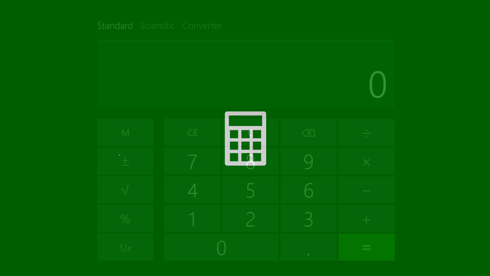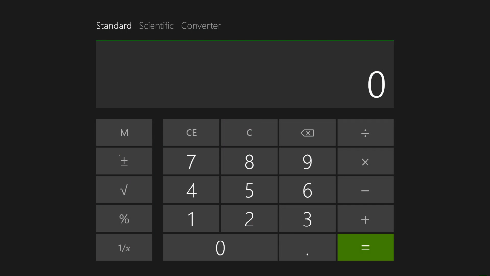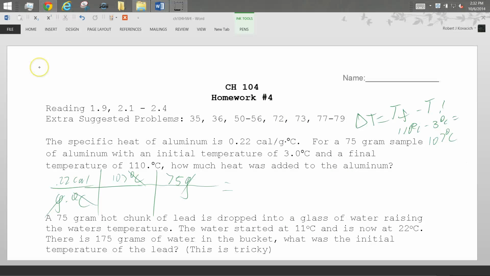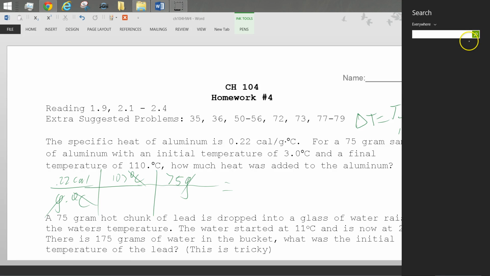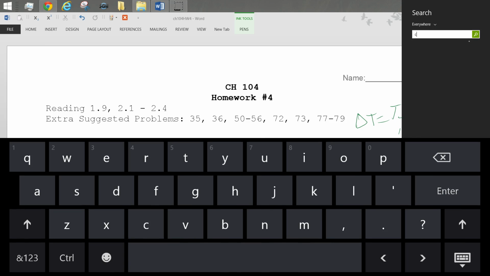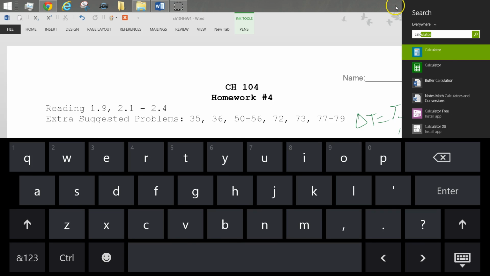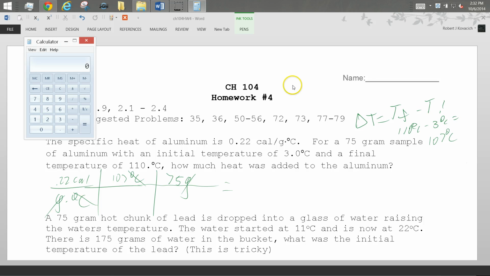All right, green's good. That's lame. I am certain there's a calculator here somewhere. I want just that right, there we go. That's what I'm looking for.